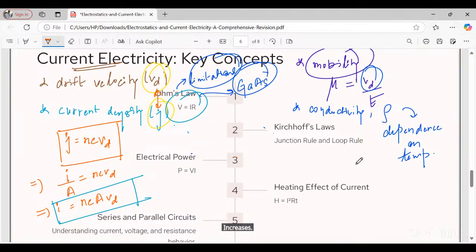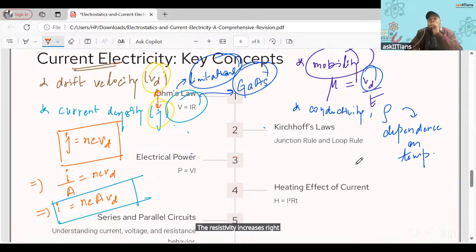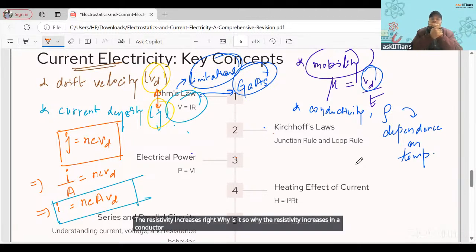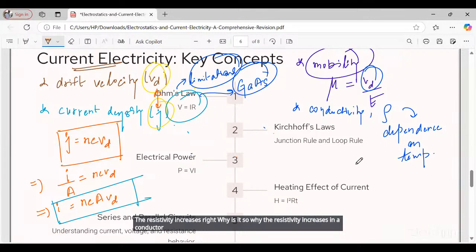The resistivity increases. Why does the resistivity increase in a conductor? Because relaxation time decreases.